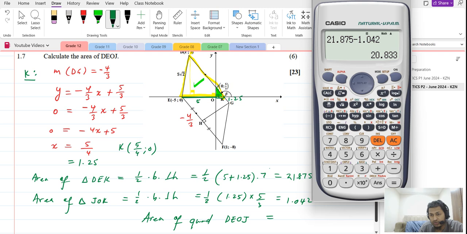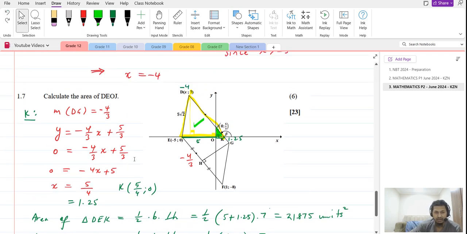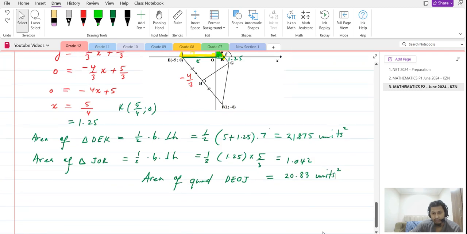I am getting 20.833, so 20.83 units squared. Yes, I took 3 decimals here, and the final answer is 2 decimals. So just keep your rounding to 2 decimal places in the final answer. In between, try to take more decimals because you want to be as accurate as possible.